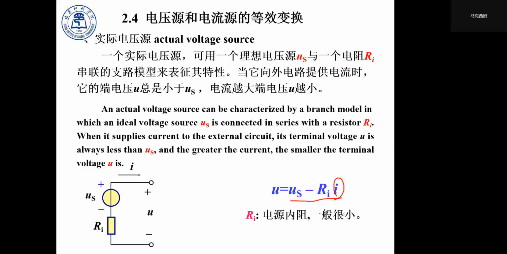If we have a larger current, then more voltage is consumed by the inner resistor and less voltage is produced for the outside network. So this is how we represent an actual source with a mathematically assumed independent voltage source, the ideal voltage source, and an inner resistor.